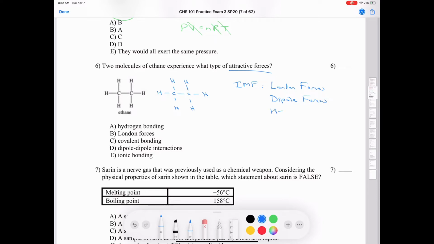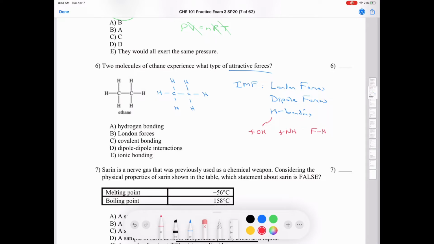and hydrogen bonding. Now we know that hydrogen bonding is not a possibility in ethane because there are no oxygen-hydrogen bonds, there's no hydrogen-fluorine bonds, and there's no hydrogen-nitrogen bonds, because you have to have one of those in order to have hydrogen bonding. So you've got to have one of those, and none of those are present.